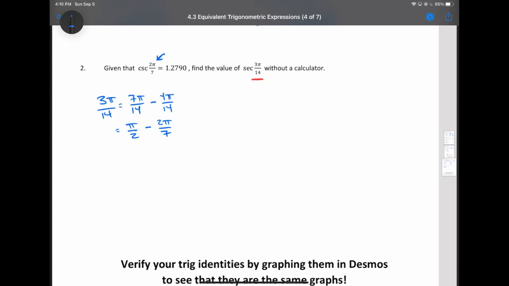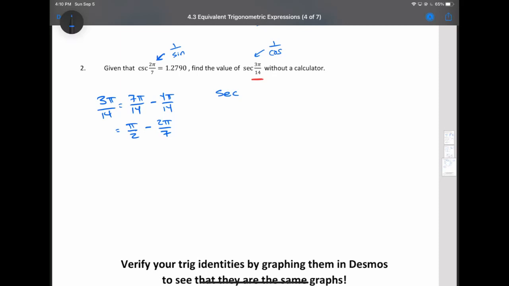So now what I'm going to do is I'm going to say secant. And just as a reminder, secant is the inverse of cosine, and cosecant is the inverse of sine. We'll worry about that in just a second.